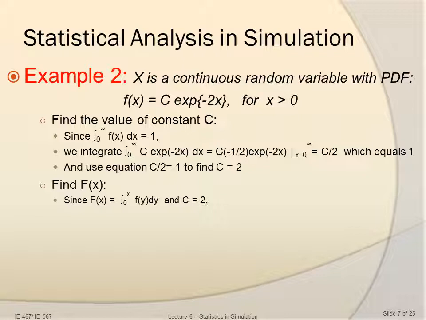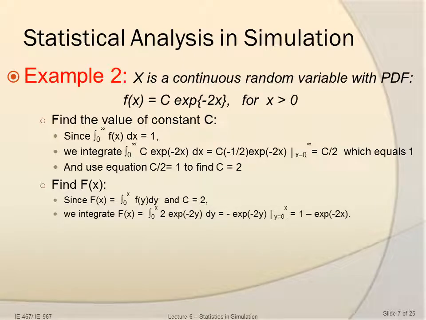Where c, we now already know, must be 2, so we're going to be using c equals 2. Because if it's not equal to 2, it would not be a proper density function, because it wouldn't satisfy the condition that integrating this function over the entire line would give us a 1.